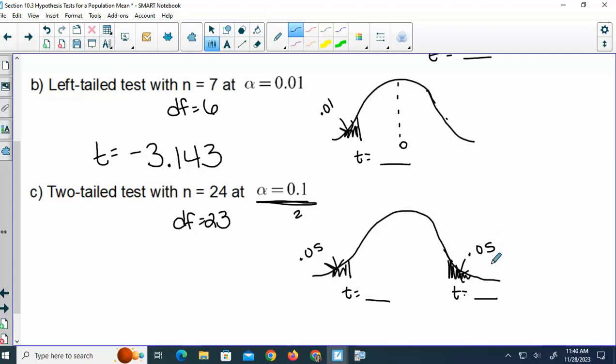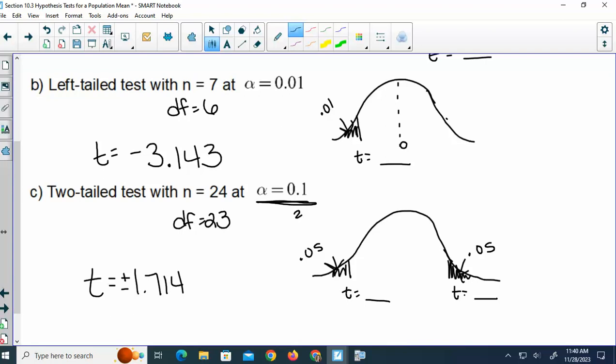So we go to 0.05, 23 degrees of freedom, and that's 1.714. So that would be this t. What would this one be? Negative. So I'm just going to put plus or minus. So two-tailed, we have both options. Any questions?